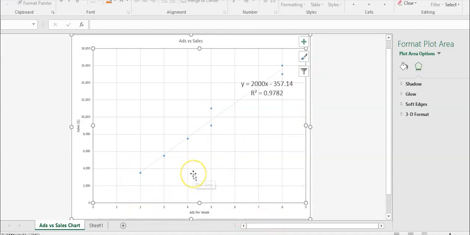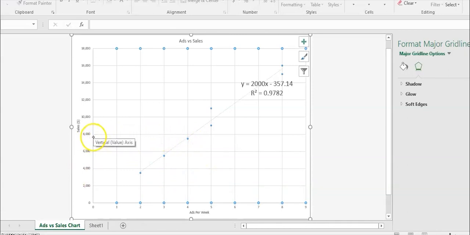So we can use this to predict between 2 and 8 ads. Now our question said, what is the predicted value for 4? Well, if we go to 4 and then go across, there's that 7,000 and change. So that's how this graph is read. That's it. I'm going to pause and I'm going to go to the next example.